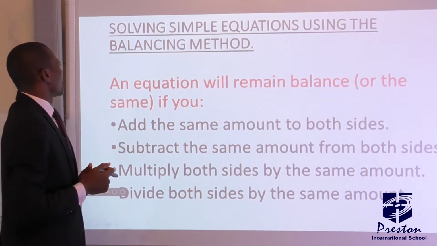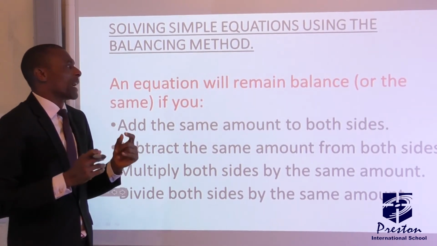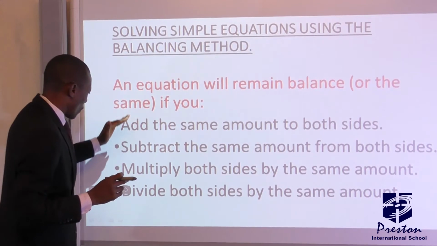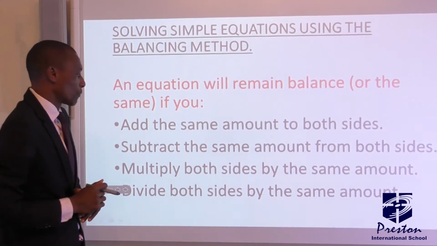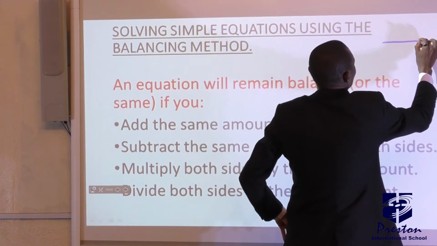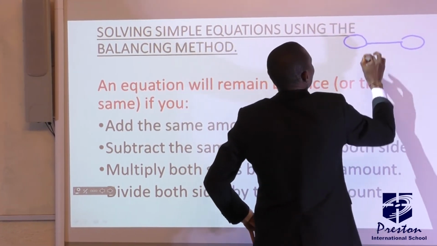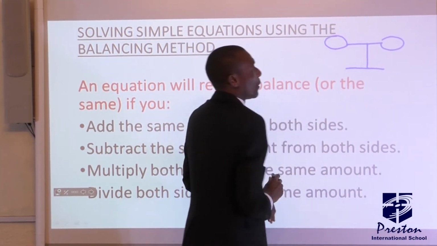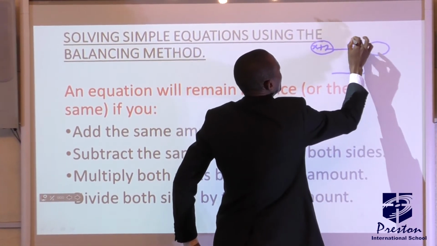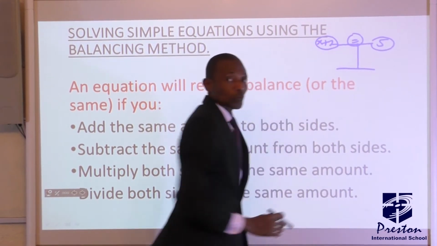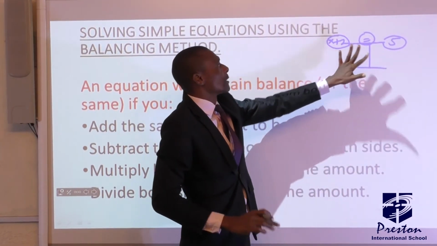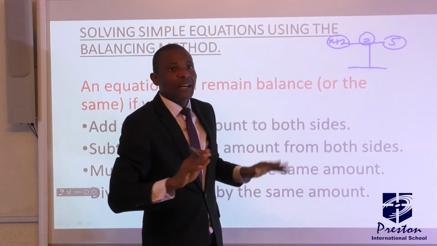The first thing is we need to know that an equation will remain balanced, or the same, if these four conditions are satisfied. What it means is this. If I have a scale, with a support here, and I have x plus 2 equal to maybe 5, as long as x plus 2 equals 5 is here, it means the equation is balanced.